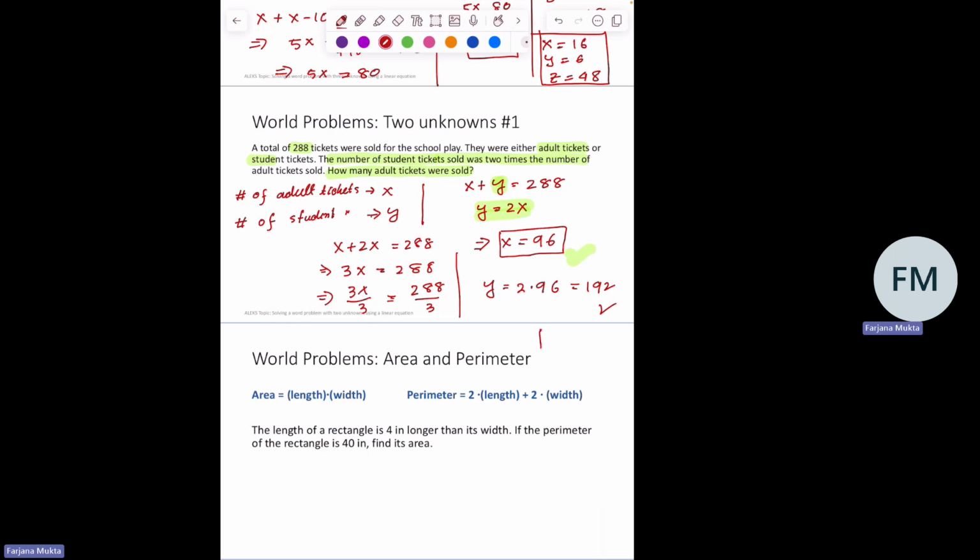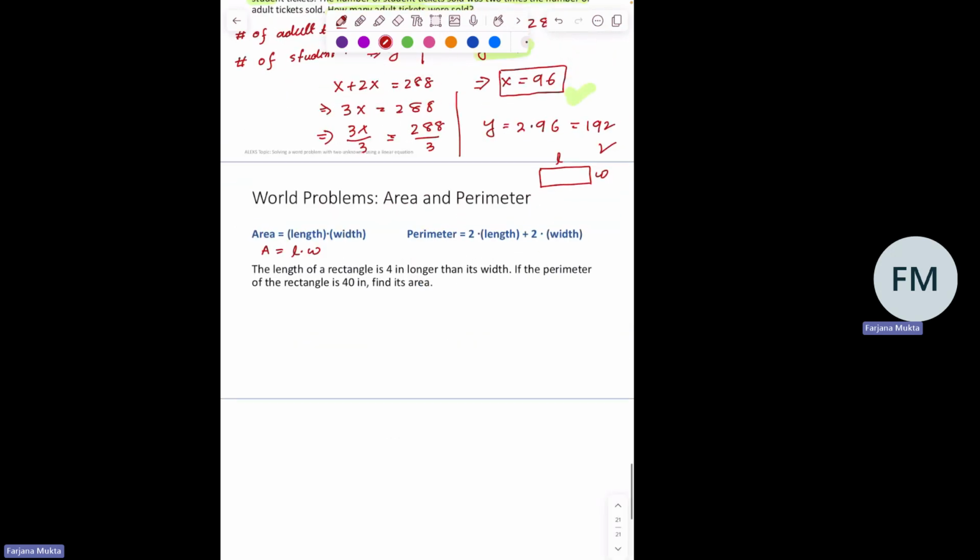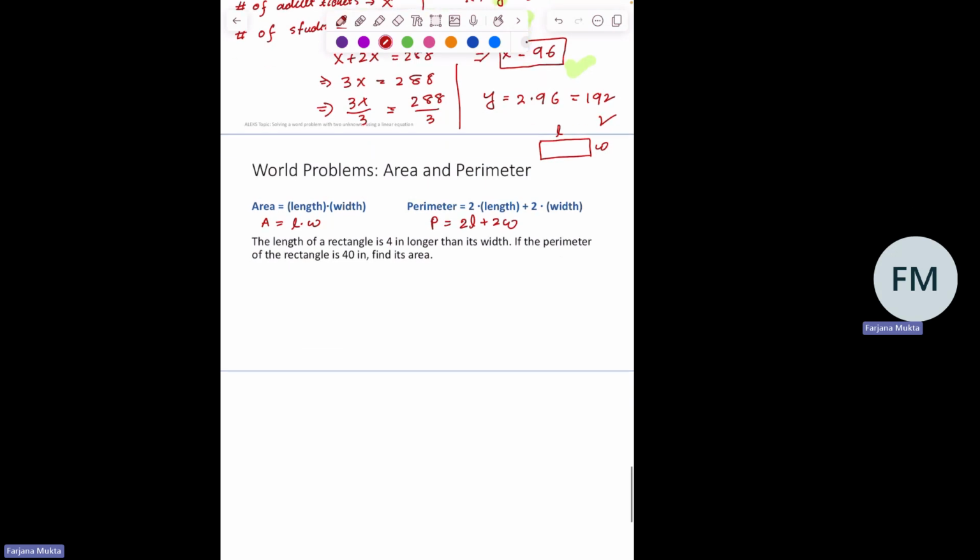So let's say if we have a rectangle with L and W being length and width, then the area formula for any rectangle is L times W, the length times the width, right? And the perimeter is 2L plus 2W. The formulas are given.